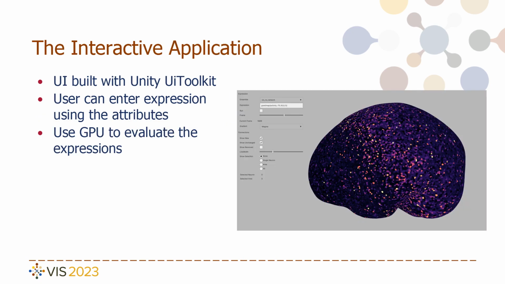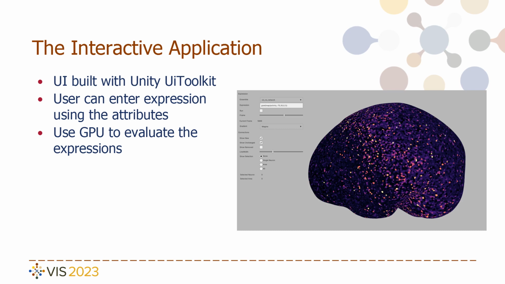Here we can see a screenshot from our application and an example expression that was entered. The expression is grad, for gradient, and maps the activity attribute from -70 to 30 millivolts to range from 0 to 1.